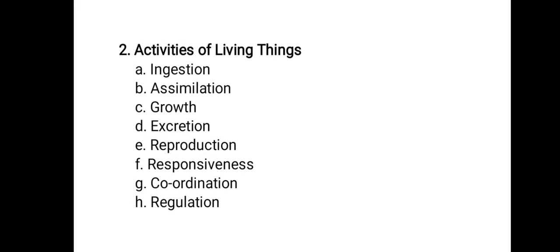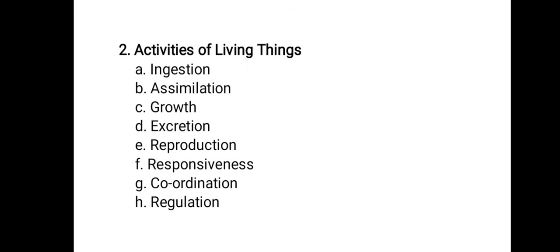And we proceed to Unit 2. Here we will discuss activities of living things. The living things include plants and animals and other microorganisms. There are some other activities which they engage in, which you will discuss in this course. The A is ingestion by living organisms.